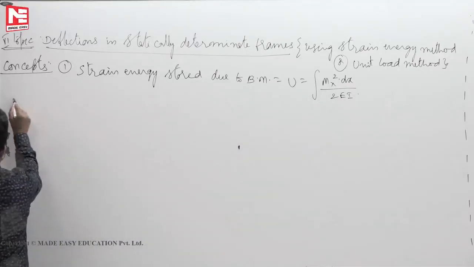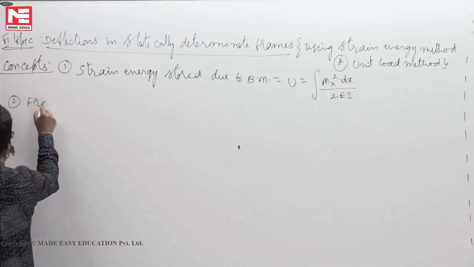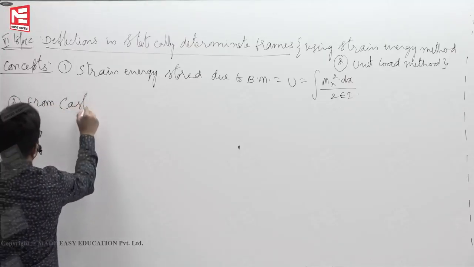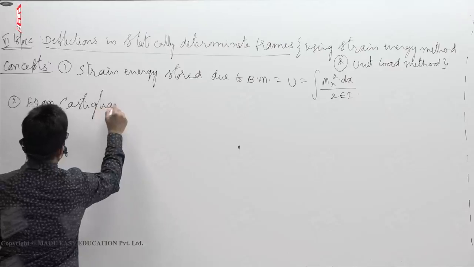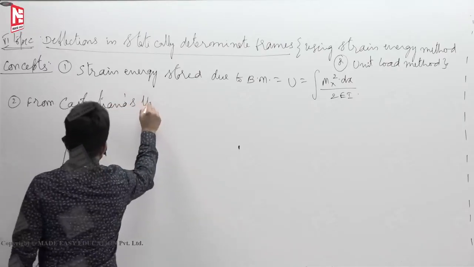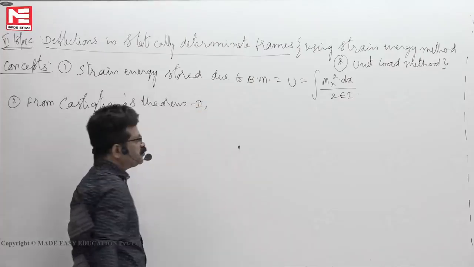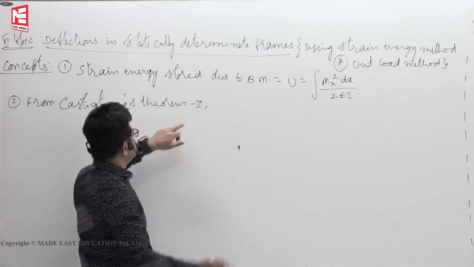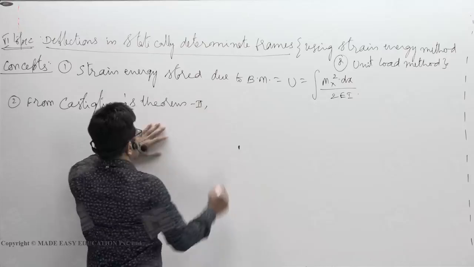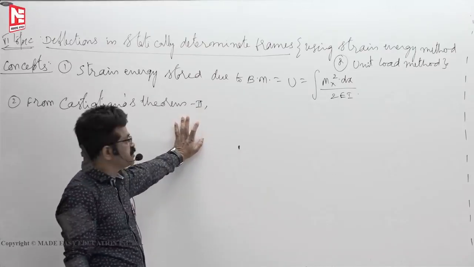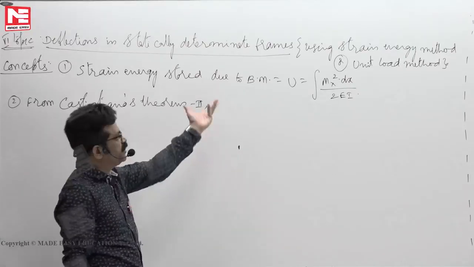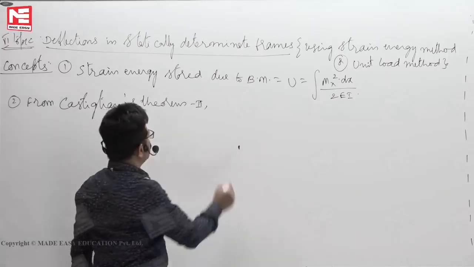Now the second point is from Castigliano's theorem 2. Theorem 2 you can apply to determinate or indeterminate structures, but they must be linearly elastic. So we are taking linear elastic structures only.